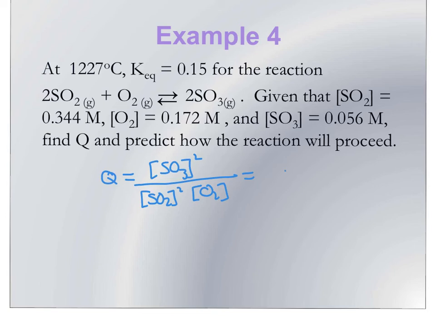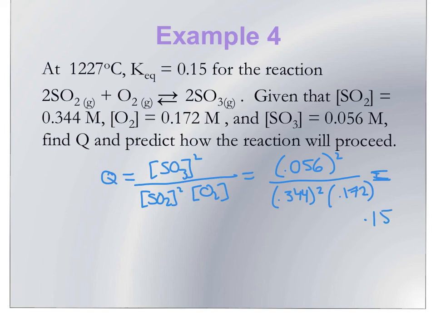So my SO3 is 0.056 molar, that's squared, over my SO2 is 0.344, that is squared, and my O2 is 0.172. All right, the answer rounded to 2 sig figs is 0.15.